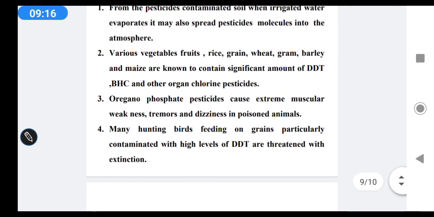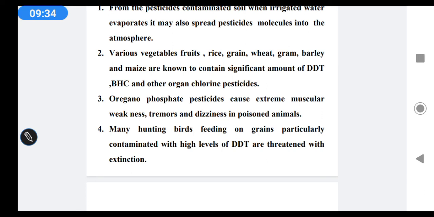This point is very important. Various vegetables, fruits, rice, grain, wheat, gram, barley and maize are known to contain significant amounts of DDT, BHC and other organochlorine pesticides.